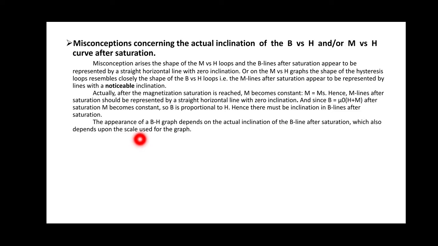Because if our slope is 2, and if we show the y-axis at half the scale with respect to H, then there will be zero inclination because of the scale used.